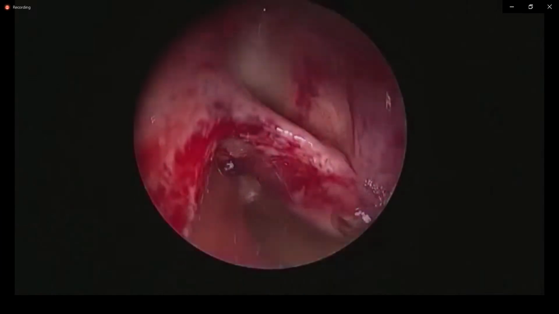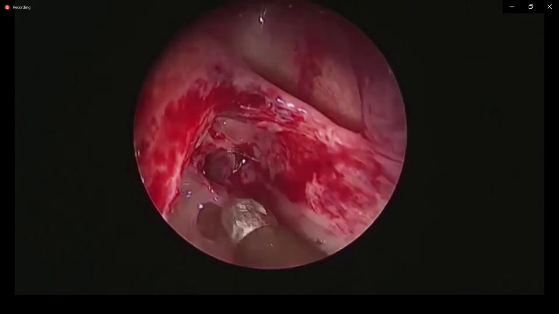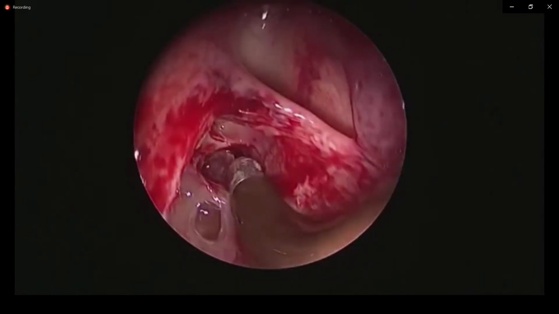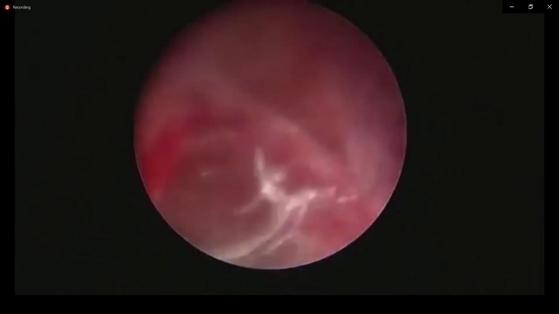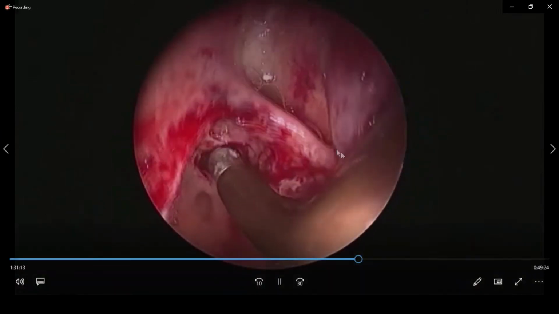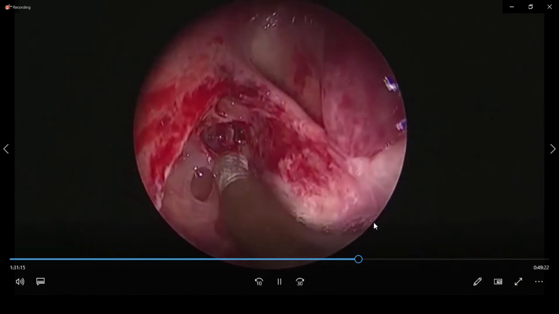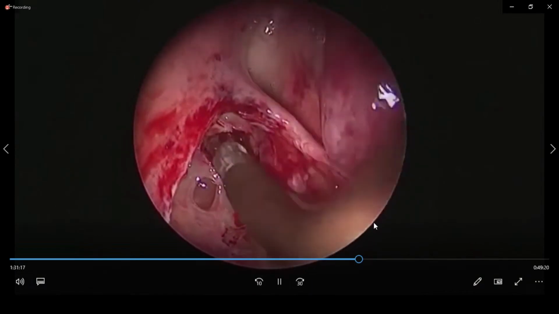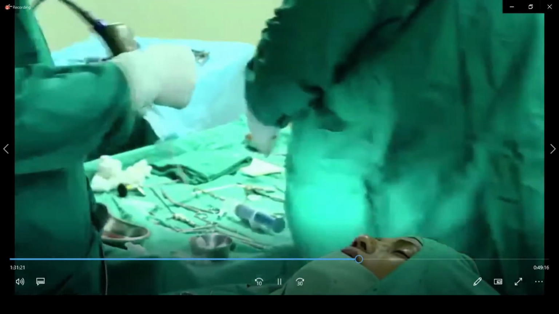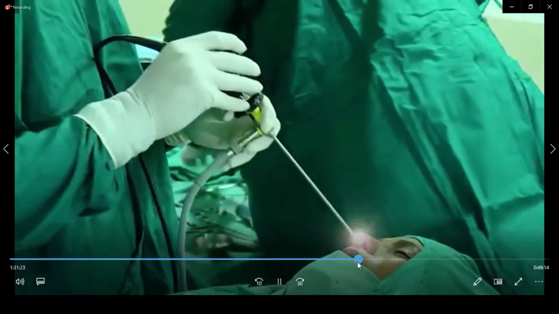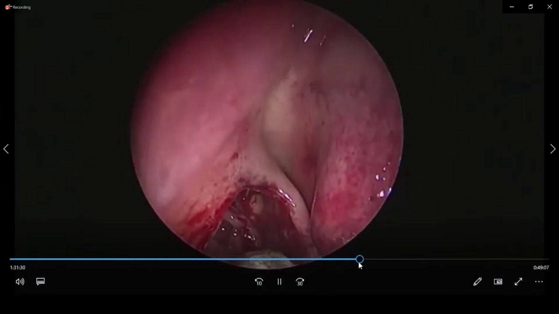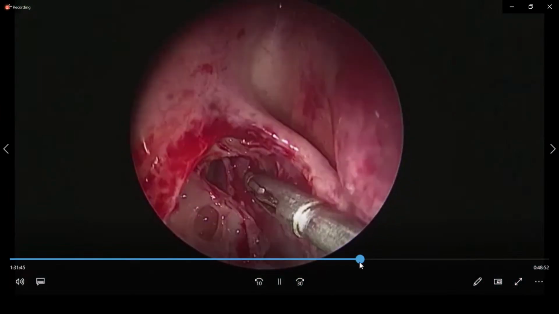See the beak anteriorly, which is the anterior limit. You cannot go beyond that. So this is the party wall. That is the cell which needs to be completely fractured. That is very important. You can remove this.